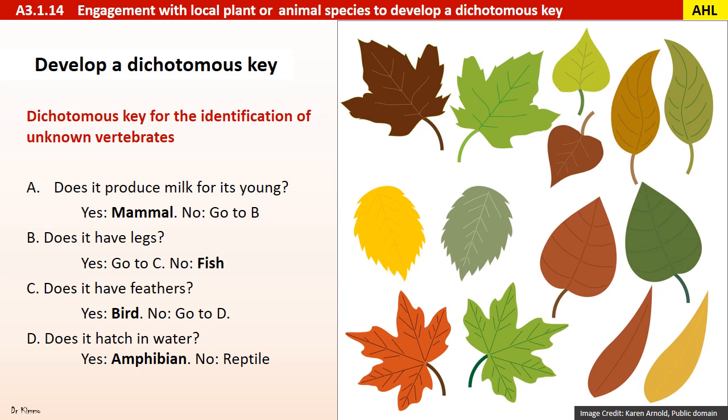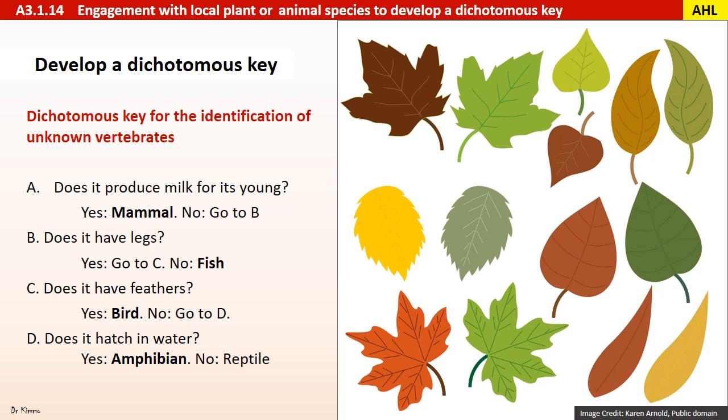So question A, think of a vertebrate. Does it produce milk for its young? If the answer is yes, well, it's a mammal. If the answer is no, go to question B. Question B is, does it have legs? If the answer is yes, go to question C. If the answer is no, it's a fish.